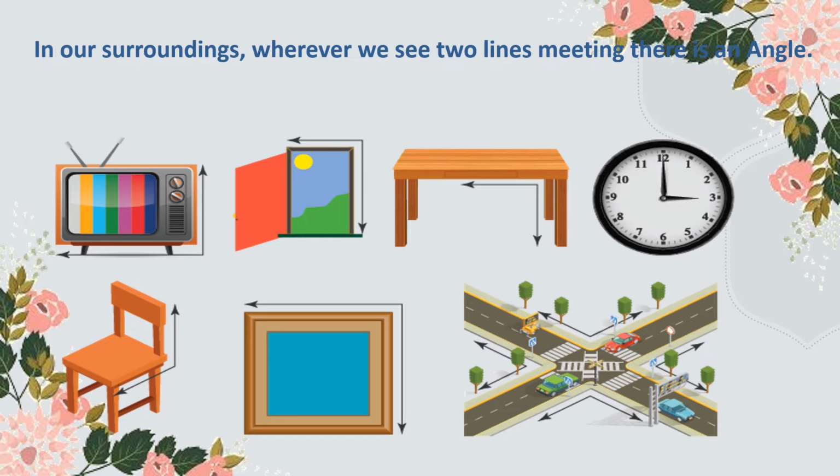So if you look here at the television set, you can see that there is this line and this line, when they meet together, they form an angle. Same way here, also, this line and this line form an angle. Likewise, the hands of the clock, these two lines are meeting at a point, so they are also forming an angle. So in your surroundings, wherever you see two lines meeting, there is an angle being formed.